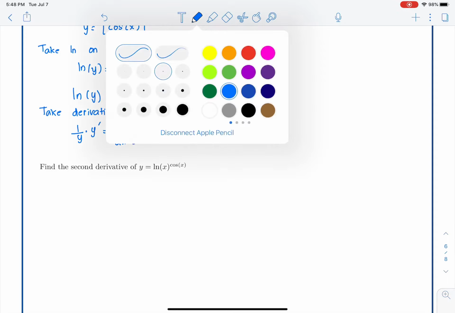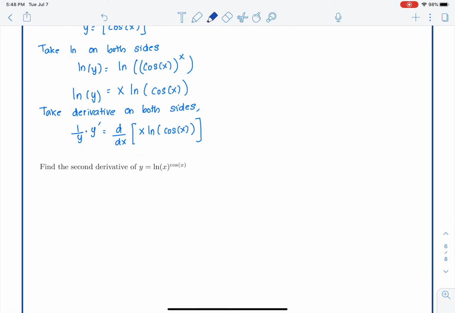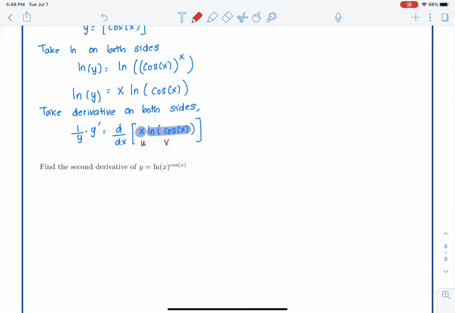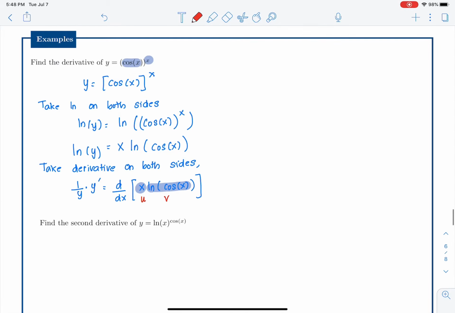And that has two parts. So we have u, and then we have v, which means we have to use product rule. So u is x, and v is ln of cosine of x. U prime is 1.